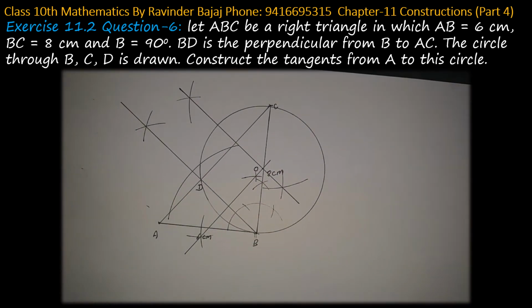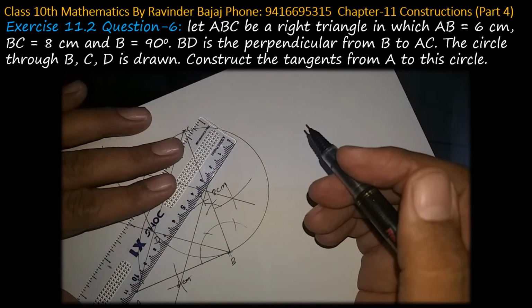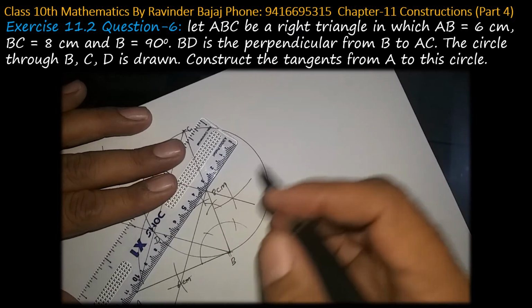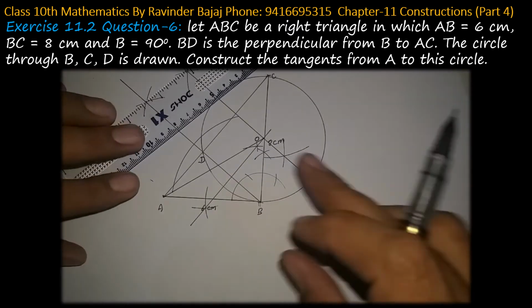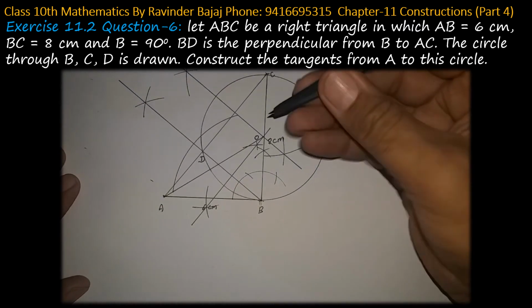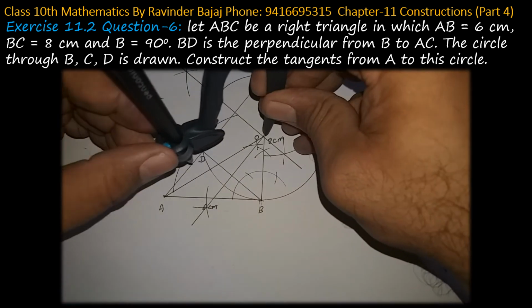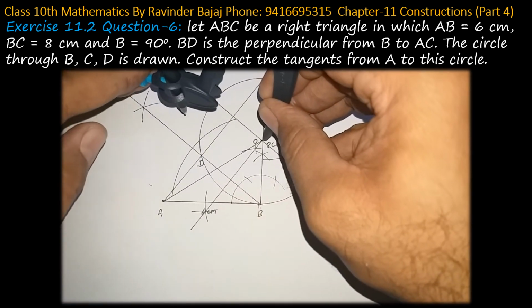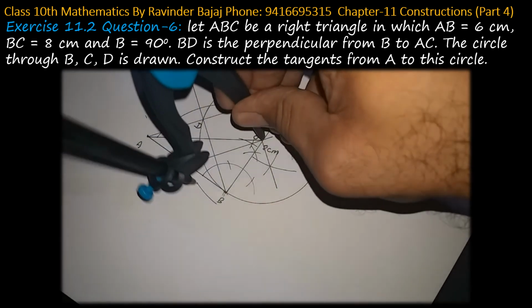To draw the second tangent, we need to join AO and draw the perpendicular bisector of OA also. So I'm drawing the perpendicular bisector of OA. Keep your compass at O, open more than half, draw an arc here and here also.